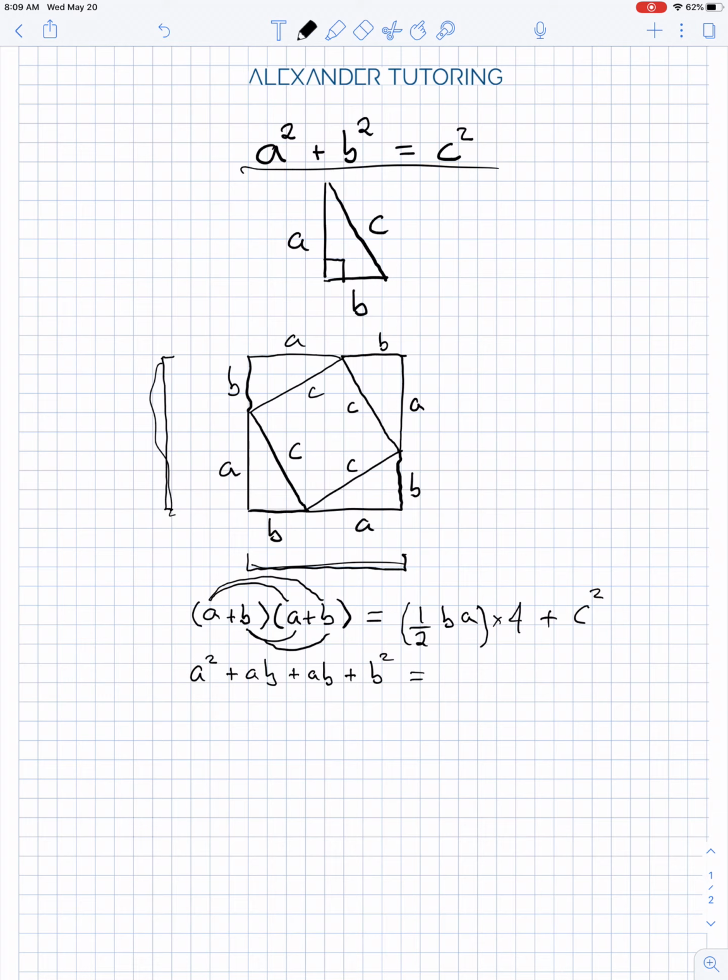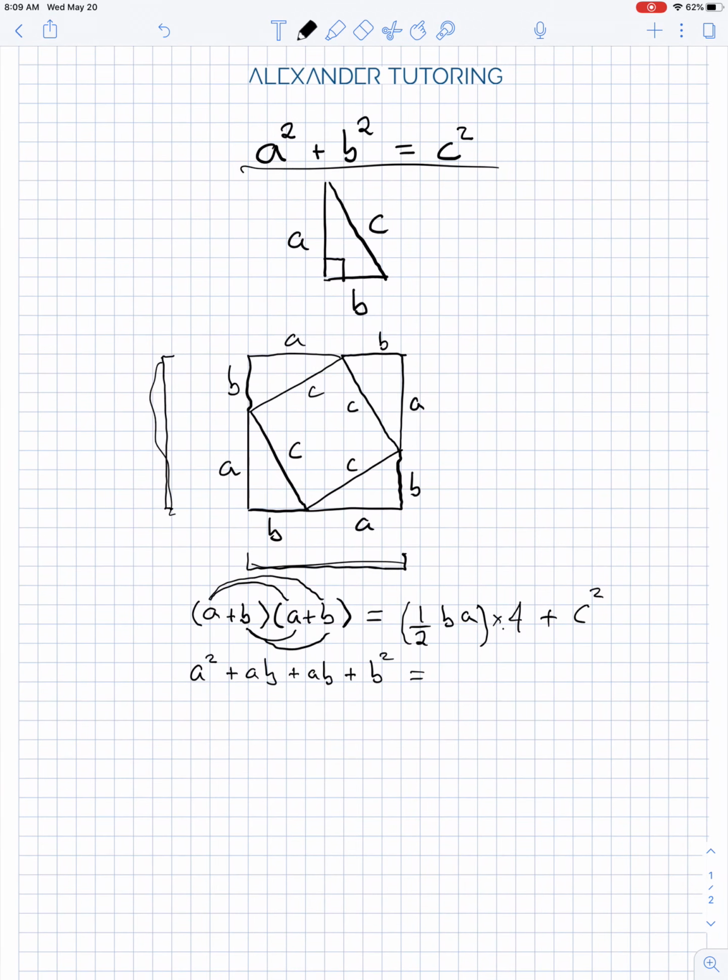Okay, and then looking on the right-hand side, first order of operations says we do multiplication first, so I'll think of this as 4 over 1. And we can see the 4 over 1 multiplies with the 1/2 to get 4 over 2 ba. Okay, we'll simplify now on the left-hand side. Well, look, we have ab plus ab. What's that?